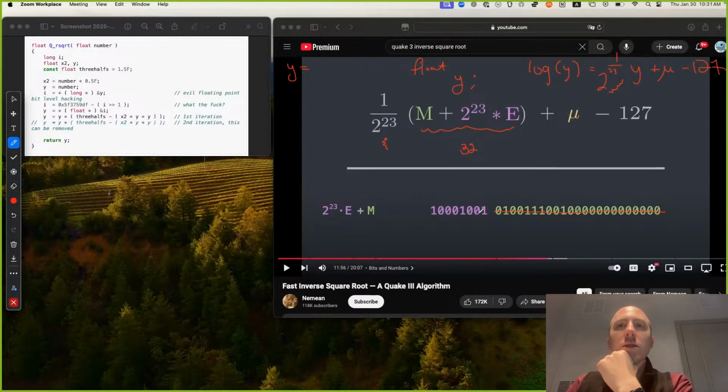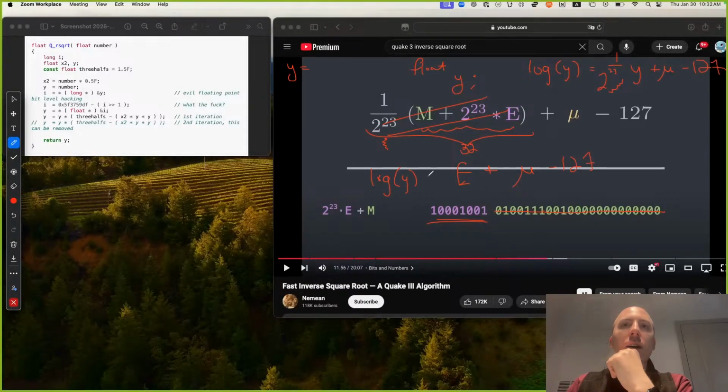So maybe it is just shifting this down, and then you just get this thing. Then this expression would just be the exponent. So why wouldn't you just write this as the exponent plus mu minus 127?